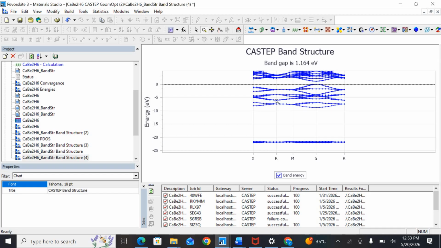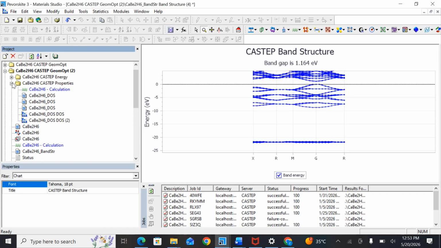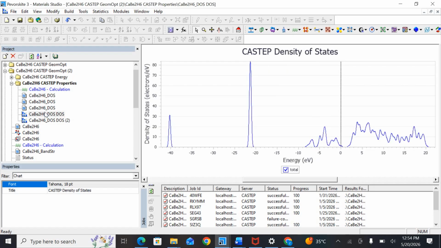Now let us move towards the density of state, which complements band structure analysis. Density of state is defined as the number of electronic states available at each energy level in a material. In simple words, while band structure tells us where the energy levels are located, DOS tells us how many states are available at those energy levels. In DOS analysis, we mainly focus on the region around the Fermi level.